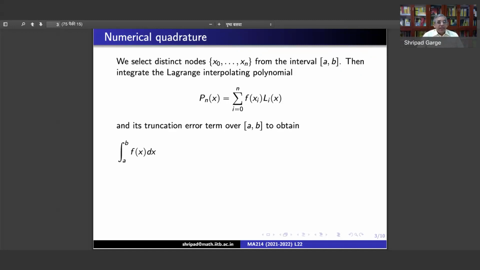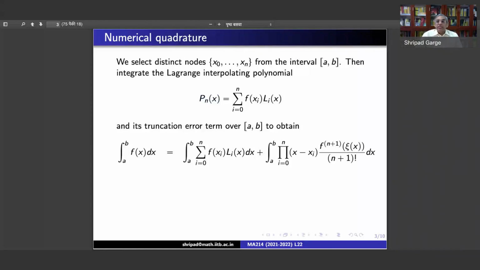So we integrate and we obtain the integral of f(x) dx equal to the integration of this polynomial Pn(x). Remember, the polynomial is given by summation f(xi) Li(x). So this is simply going to be the integration of summation i going from 0 to n of f(xi) Li(x) dx plus the error term, which is (x-x0)(x-x1) all the way up to (x-xn) upon (n+1) factorial and the (n+1)th derivative at some xi(x) with respect to x.